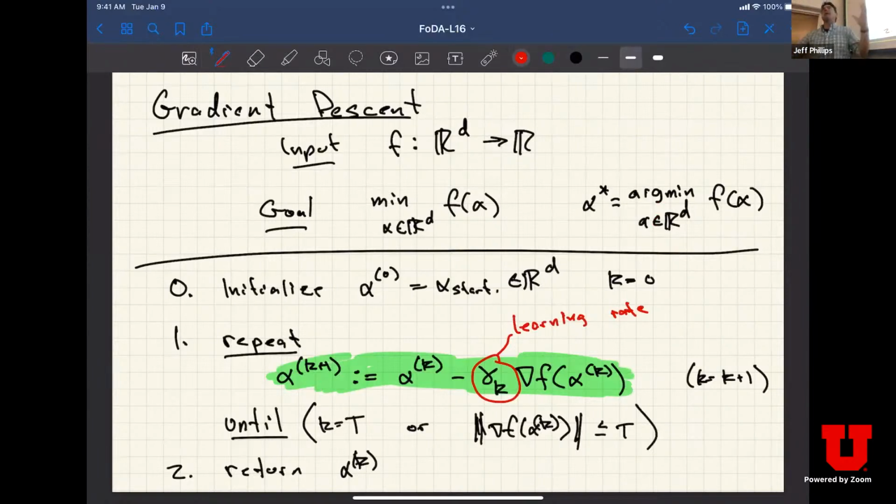We will talk about the meaning and how to choose the learning rate and the importance of choosing the learning rate in the convergence. But it's going to be some quantity that scales the gradient. How big of a step? So the larger that is, you take a bigger step. The smaller it is, you take a smaller step.